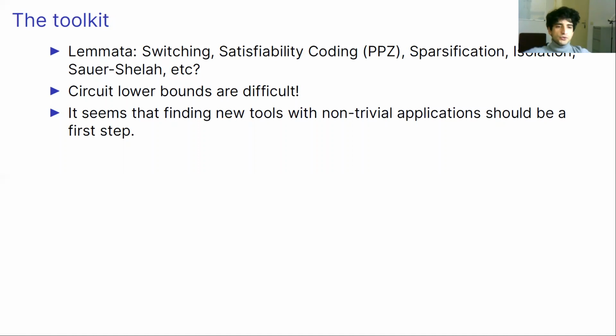And if we have enough of these tools, maybe finally we can prove a strong lower bound. And this universal dimension can be considered one such tool that we prove. We have some lower bounds that I do not know how else to prove.